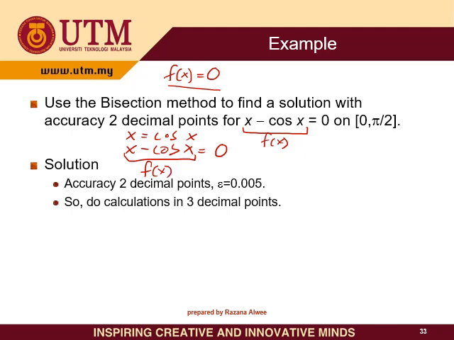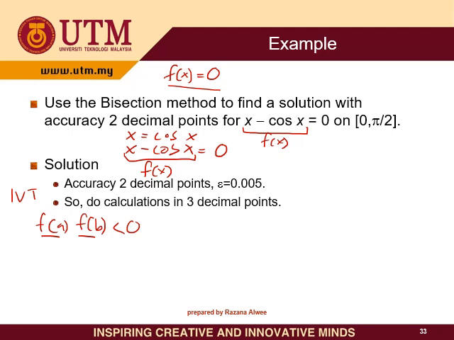Because if you remember the IVT theorem, if we want to know whether the root is between a and b, we need to use this equation, less than 0. So we must know our f(x) in order to calculate this.